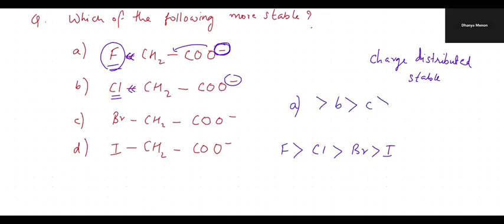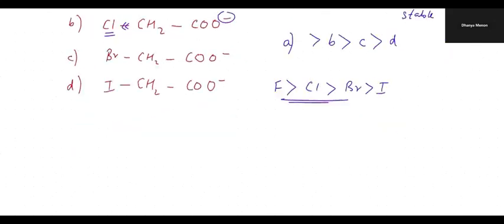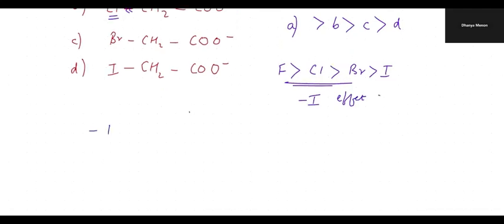Now all these are electron withdrawing groups. Electron withdrawing group means it has a minus I effect. So minus I groups are the groups who pull the electron towards themselves.